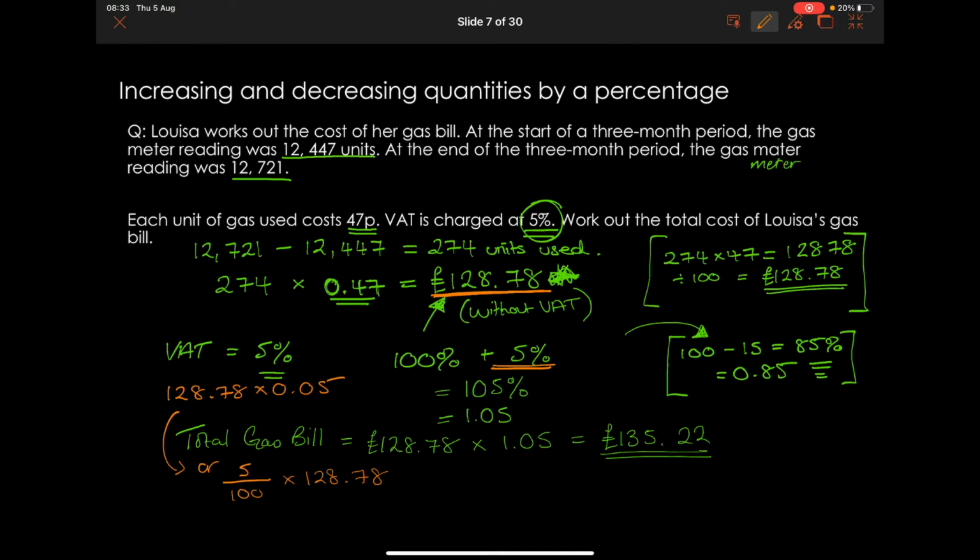And to turn any number into a multiplier, whether it's 105 or 85, we just divide it by 100. We just move the decimal point 2 places back, which is why the decimal point ends up there. So 85% again, move 2 places back, which is why it ends up there. So again, you could find the percentage and add it on, or find the percentage and take it off if that's easier for you, or you can use these multipliers.